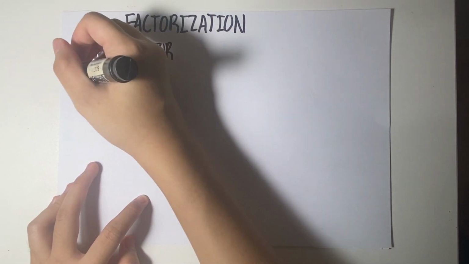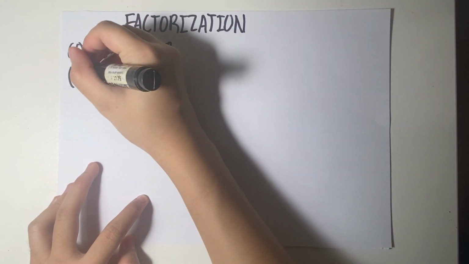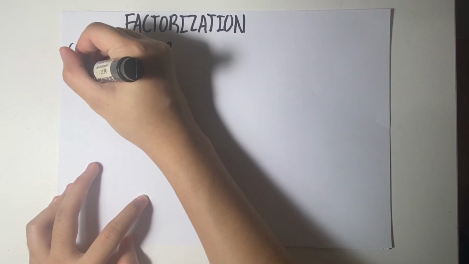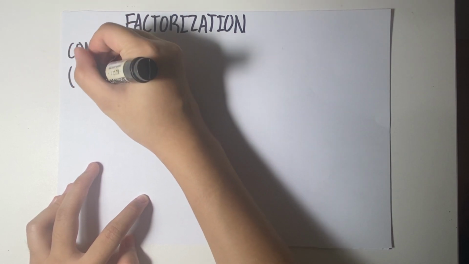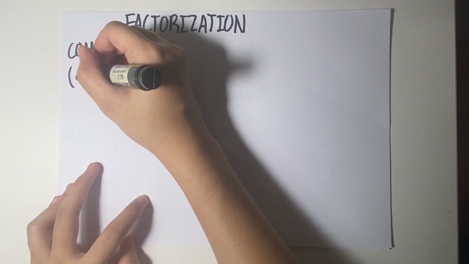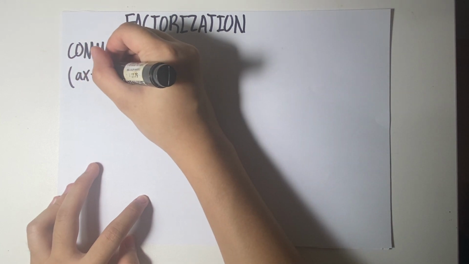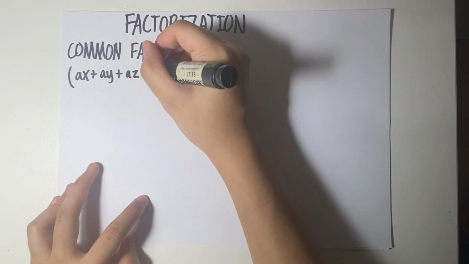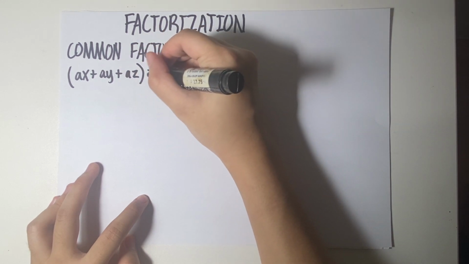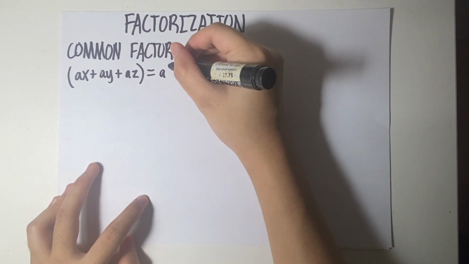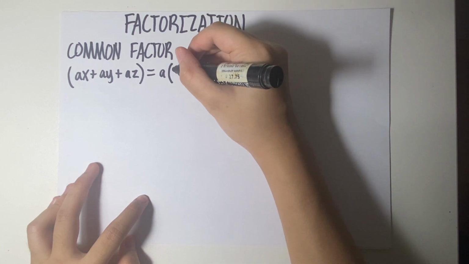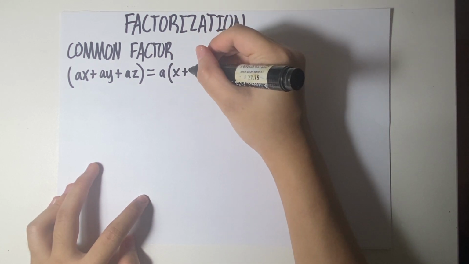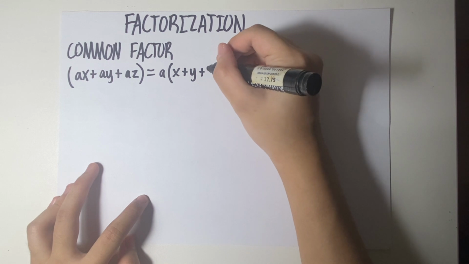So in a common factor, the entire expression is multiplied by the same term. So in the example, ax plus ay plus az, and that is equal to a multiplied by the open bracket of x plus y plus z.